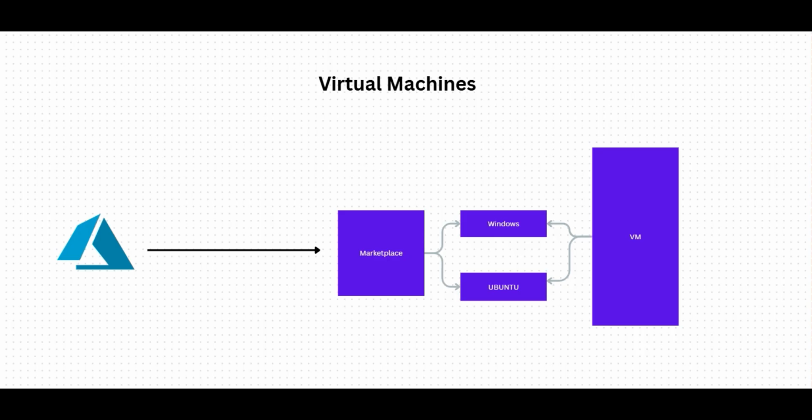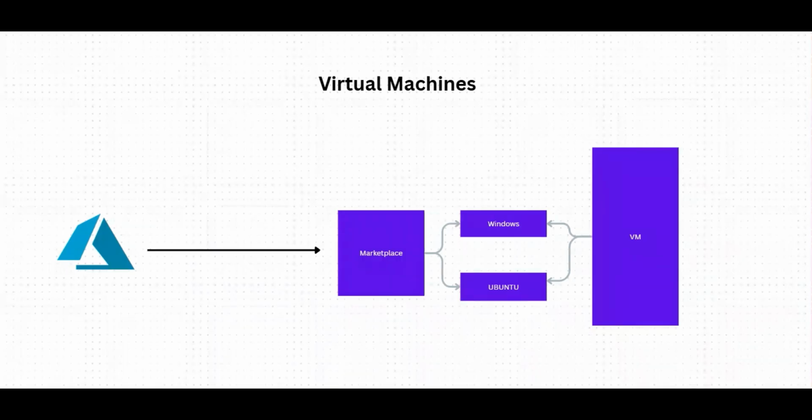This image can then be used by your team or developers to quickly spin up multiple virtual machines with the exact same configuration, ensuring consistency and saving setup time. So in short, virtual machines give you the flexibility to either use Microsoft's predefined images or create and manage your own, making them ideal for a wide range of scenarios, from simple web hosting to running enterprise-grade applications.